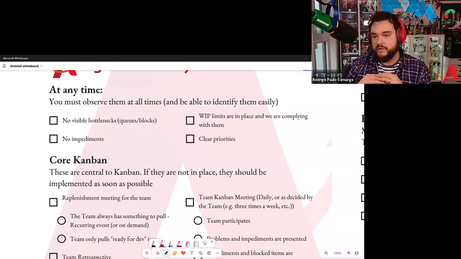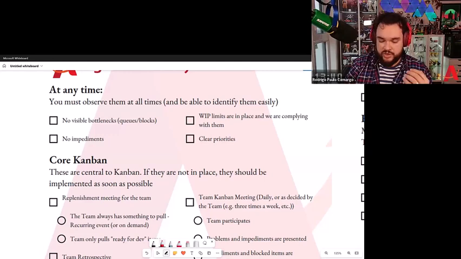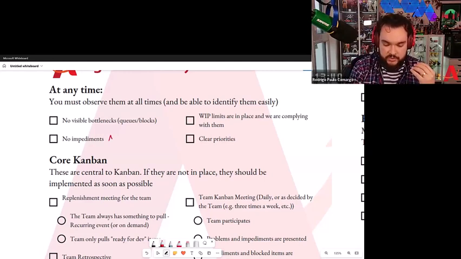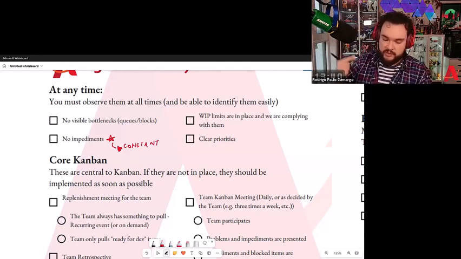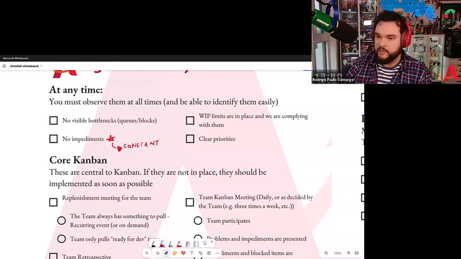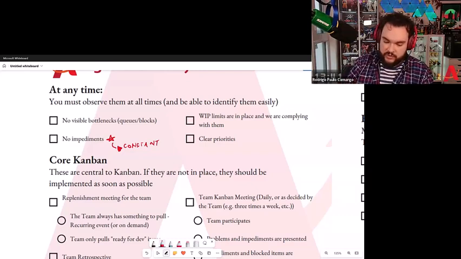Next one, you have no impediments. From time to time, you should be checking if you're having impediments. But the key thing here is impediments that are constant, things that always happen where you have the same kind of blocker, the same kind of impediment happening. If you are seeing this, you don't check, right?